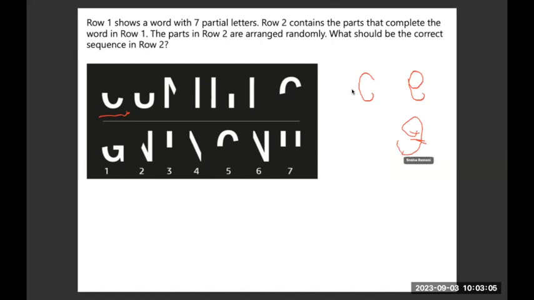But that part is problematic. So if I start with the assumption that this is a C, then its other half will come like this. The part which is seen here is this one, 5. So this can be an O, the next letter. It can come like this, like an O. It can be a U.